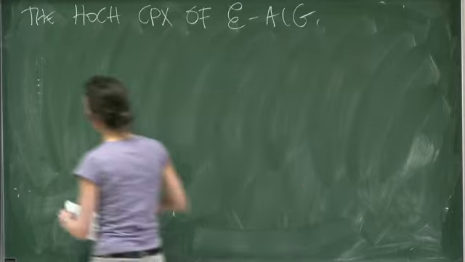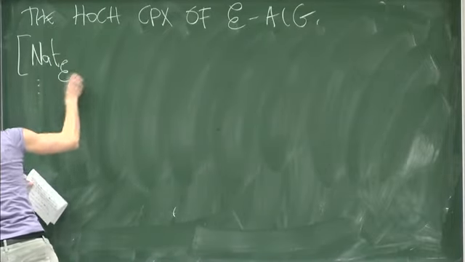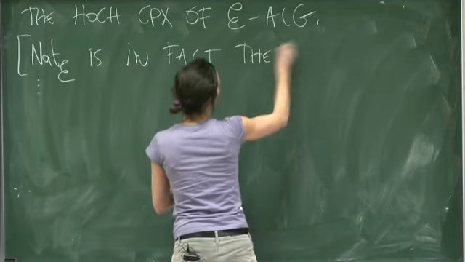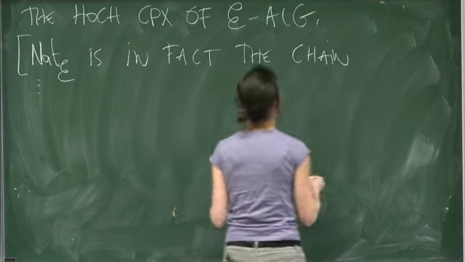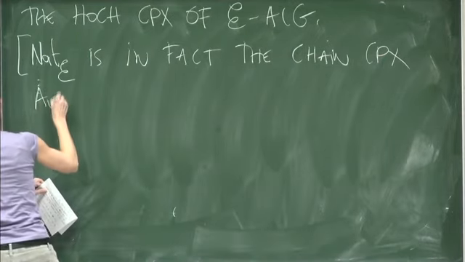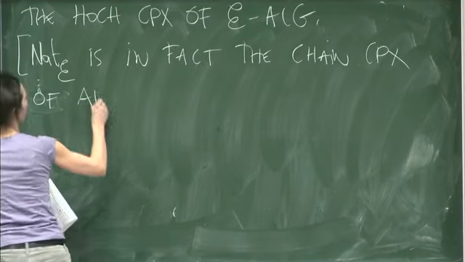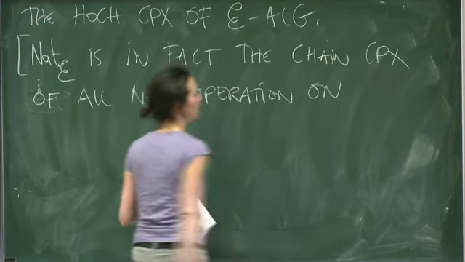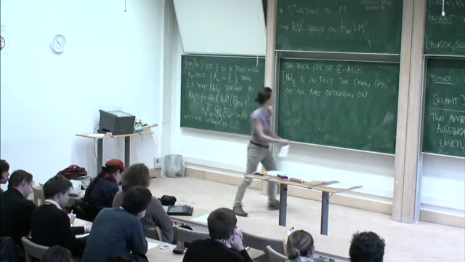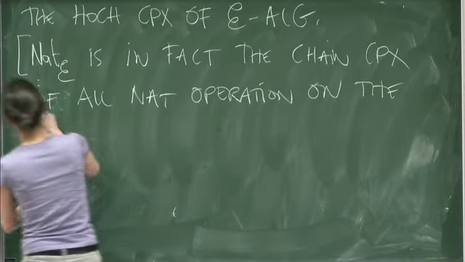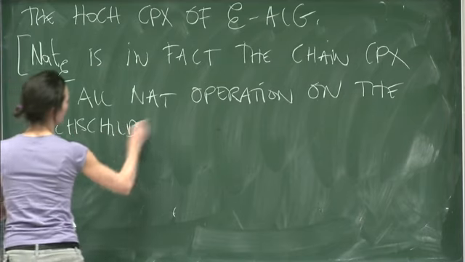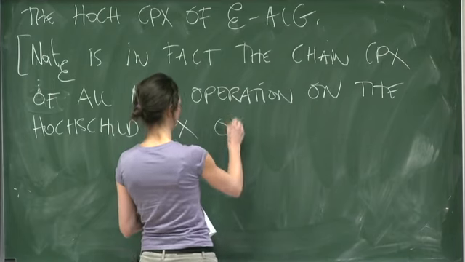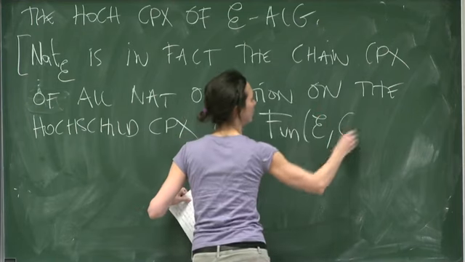Let me say one extra word about this: in fact, the chain complex is the chain complex of all natural operations, not just on the Hochschild complex of E algebras, but of generalized E algebras, which are any functor from E to chain complexes.